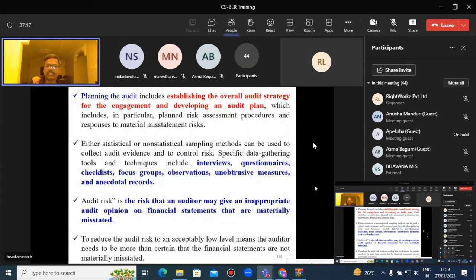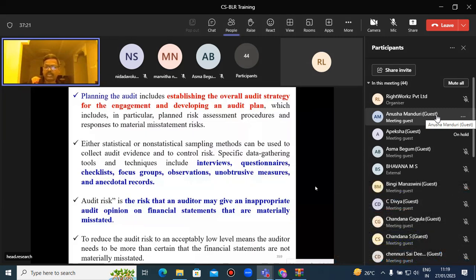Initially, they check a small level of documents, then a medium level, then a high level, complete information about the security, which usually includes planned risk assessment procedures and responses to material misstatement risks, etc. That is called planning an audit.